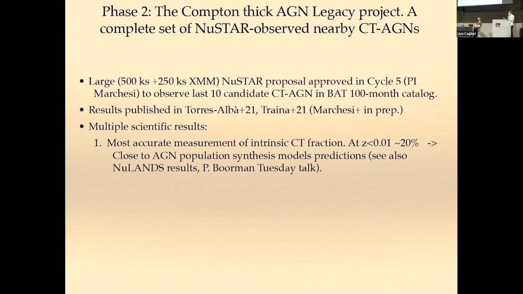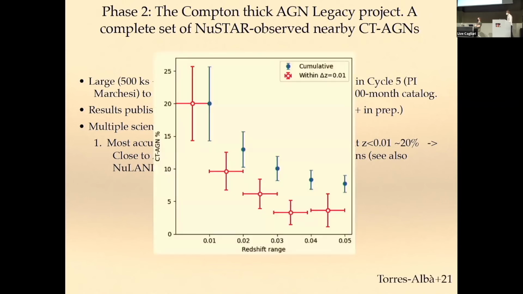And I want to remark that this 20% that you see here, this again, the intrinsic, is the observed Compton-thick AGN fraction as a function of redshift. In red is the number of objects in each bin, in blue is the cumulative one.